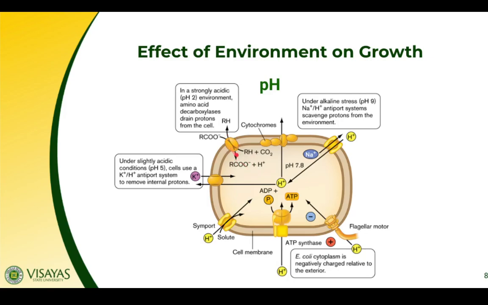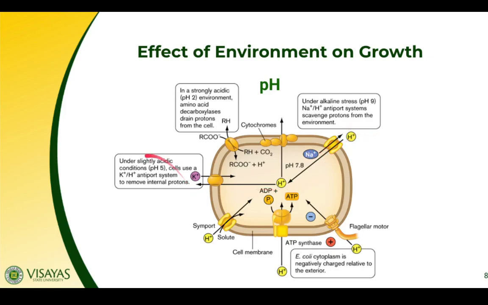This enzyme removes protons from the cell. Under alkaline stress like pH 9, the sodium proton antiport system scavenges protons from the environment. Under alkaline conditions, meaning the cell becomes basic, they release sodium and take in protons from the environment.